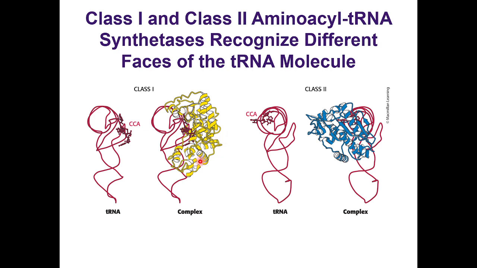You can see that they bind in slightly different parts of the tRNA. And so right here we have the class 1, and this is the tRNA without it. This is the CCA arm that's going to have that amino acid attached, right? And over here we see that it binds on this portion right here. Everybody see that okay? Okay. Does this currently look like an L to you?